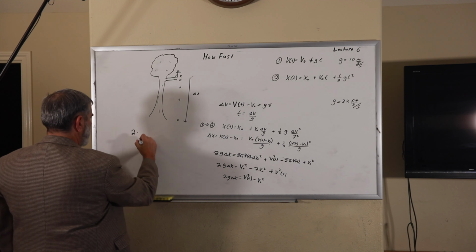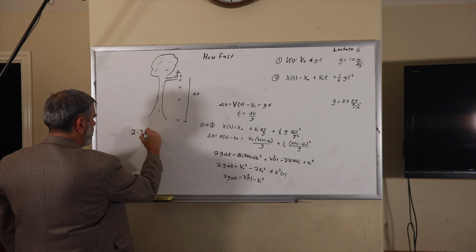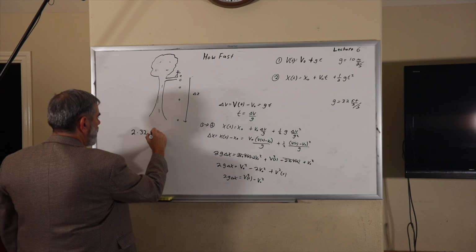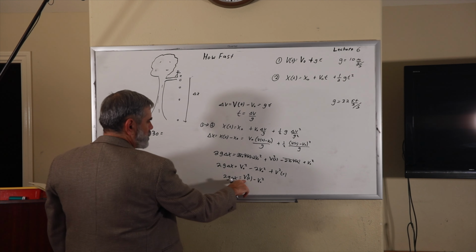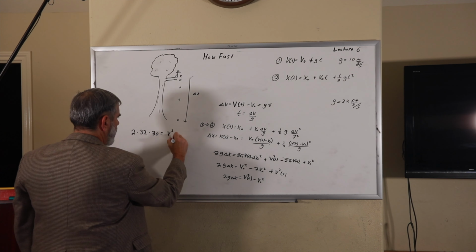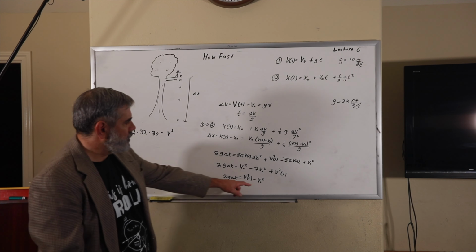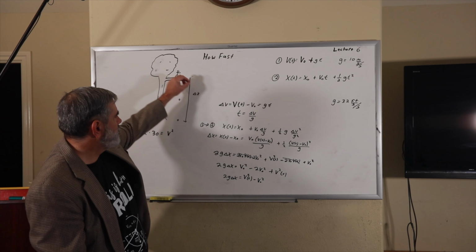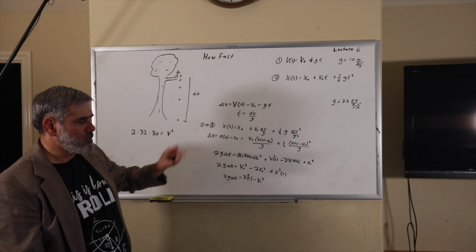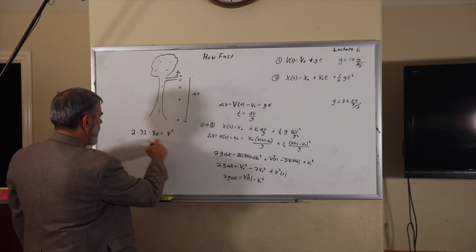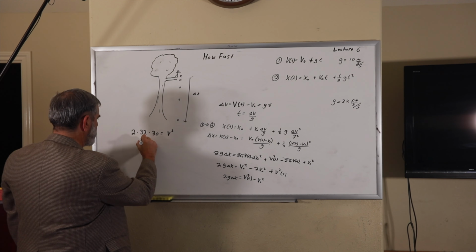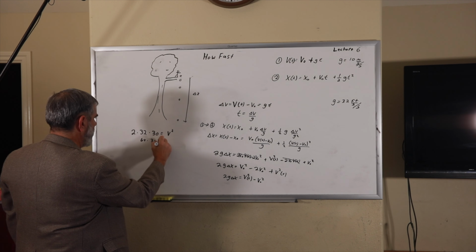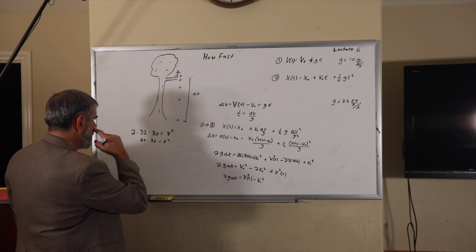So we'll have 2 times 32 times 30 feet equals v squared, which is what we're solving for. And let's let v naught squared be equal to 0, so it's falling from rest, with an initial velocity of 0. So now all I have to do is solve this equation. 2 times 32 is 64, and then times 30 equals v squared.